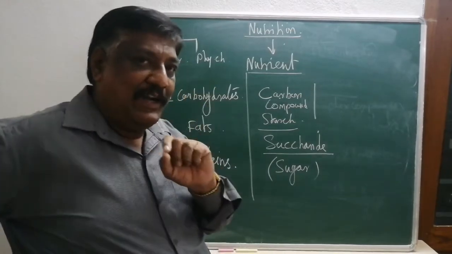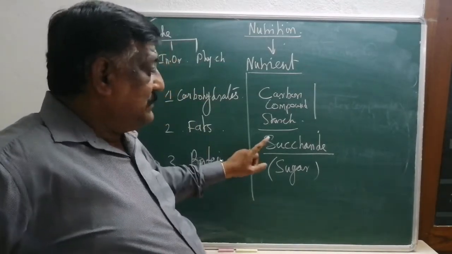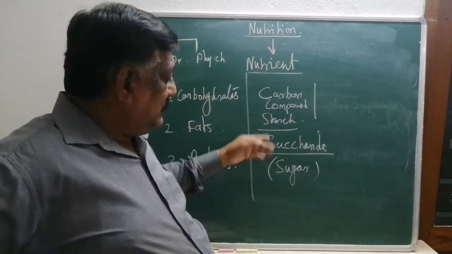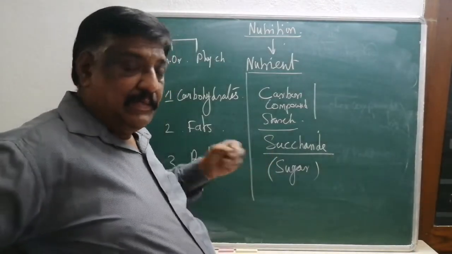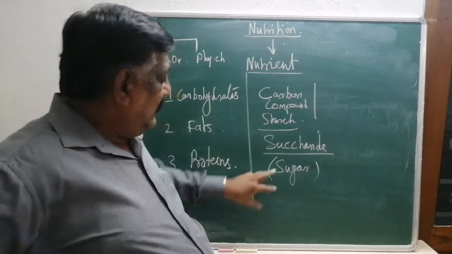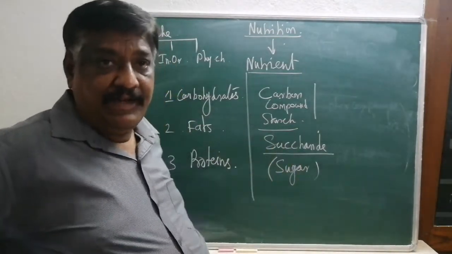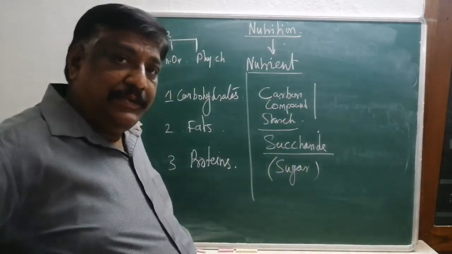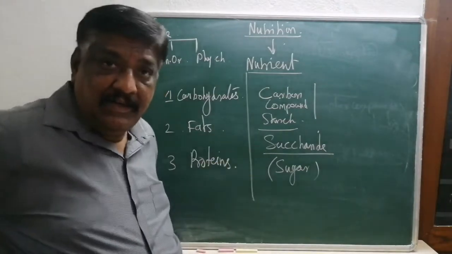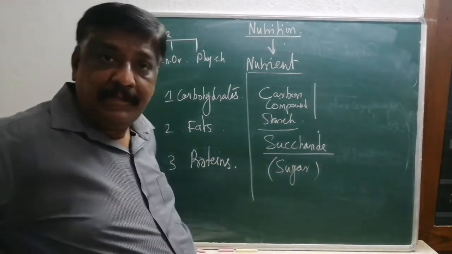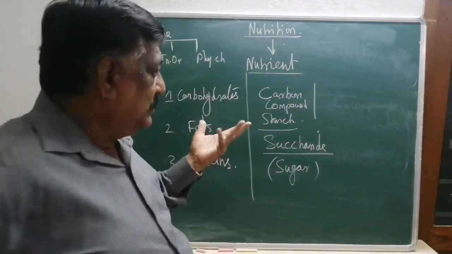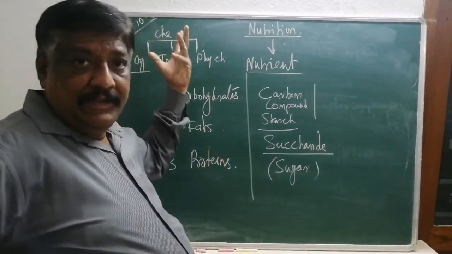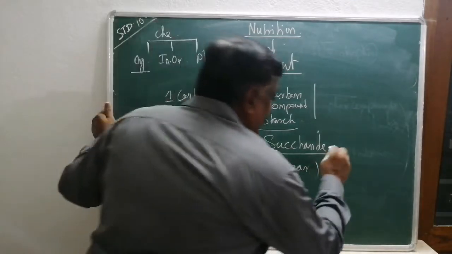Now I just want to connect you. Is this word saccharide very close to the word sugar? The meaning is that, but in pronunciation, it is totally different. But let me tell you, in Tamil, what do you call sugar? Okay, this is a common video, so anybody in the world can see this, but anyhow, I will write.